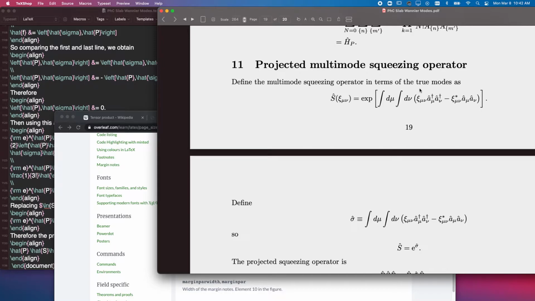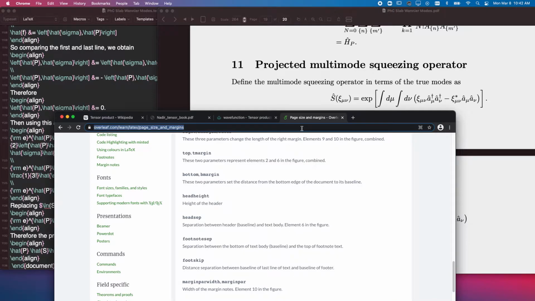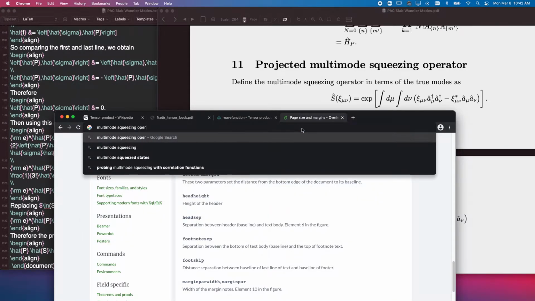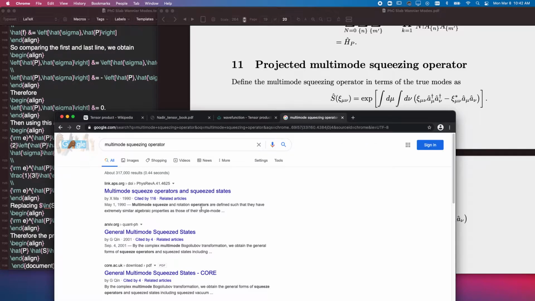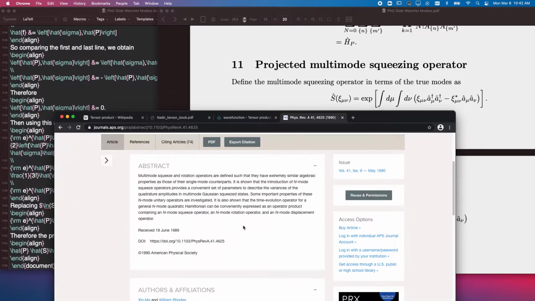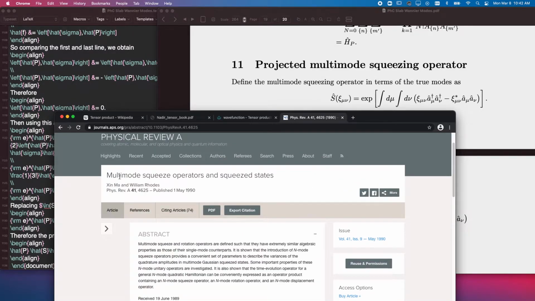Okay, so we should be able to create, this is the squeezing operator, the multi-mode squeezing operator. So if we just search for multi-mode squeezing operator, they don't have a free version of this.